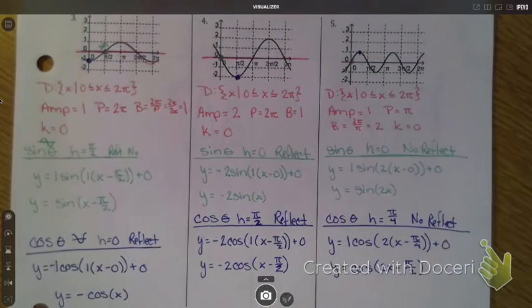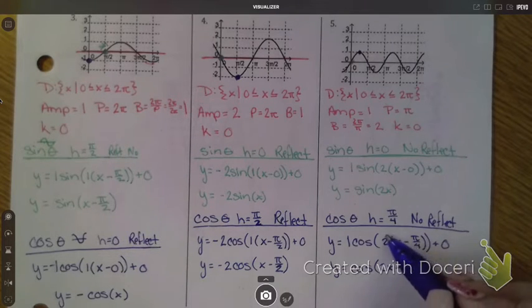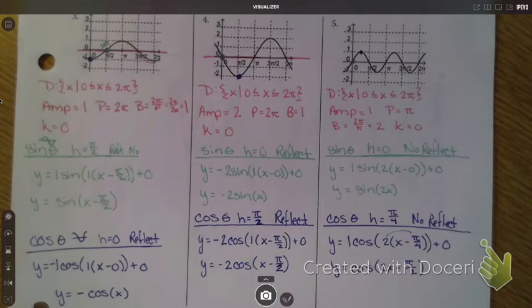Yes? Why, for cosine, is the second one pi over 2 and the first one pi over 4? Because when you distribute that 2, the 2 and the 4 reduce? Correct? Yeah, because that would be 2 pi over 4.